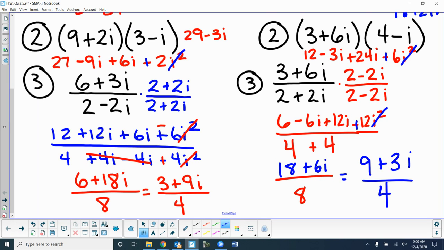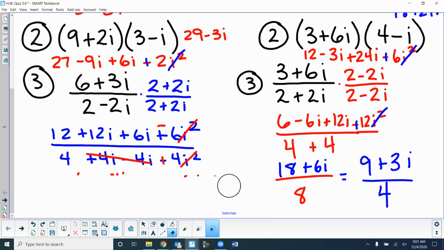And the answer to number one is the y value of the vertex. That's the min or max value. How do you know if it's min or max? If it opens up, it's a min. If it opens down, it's a max.